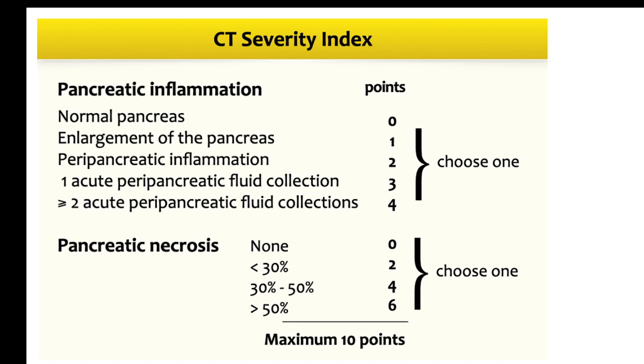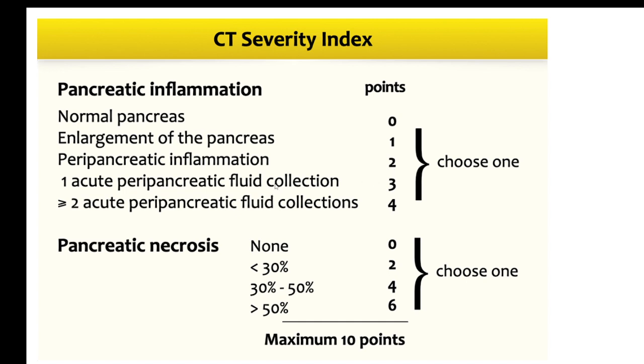The severity can be assessed by different standard parameters, and one of them is radiological: CT or MRI evidence, or even USG can do the same. Usually scores are given: a normal pancreas 0, an enlarged pancreas 1, peripancreatic inflammation, if there is fluid around the pancreas, a score of 2.